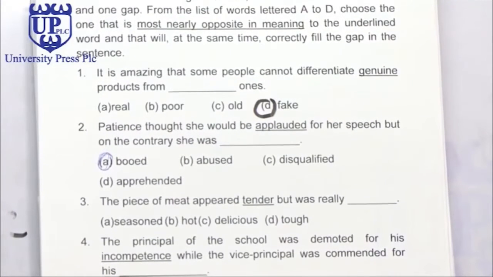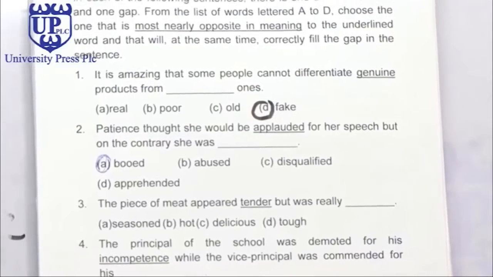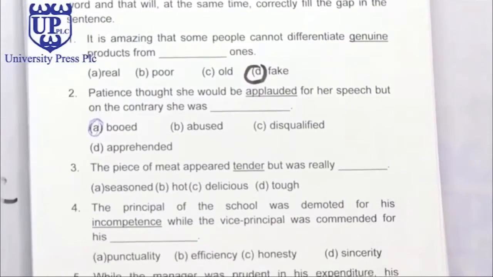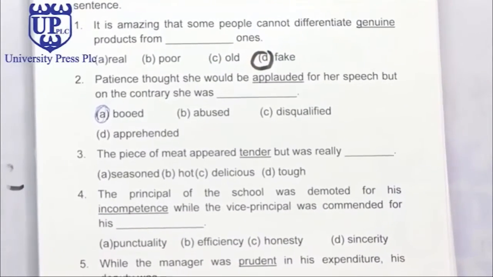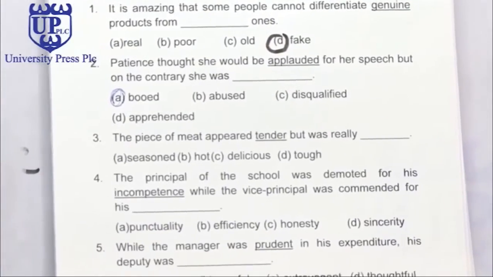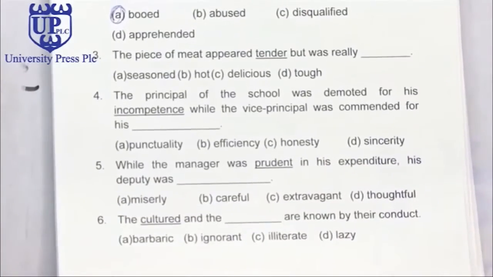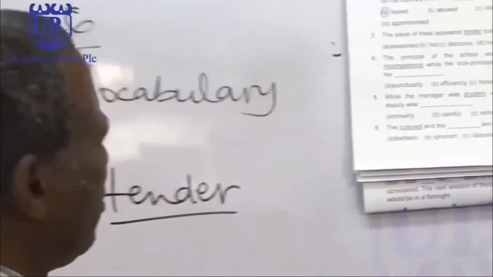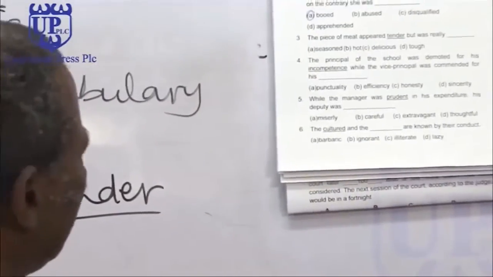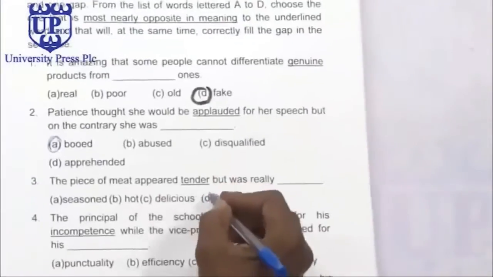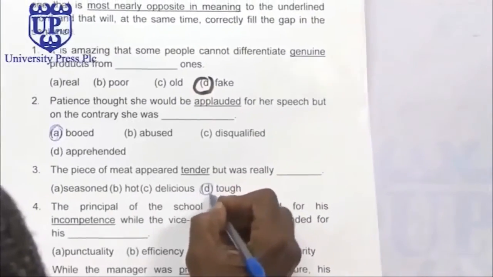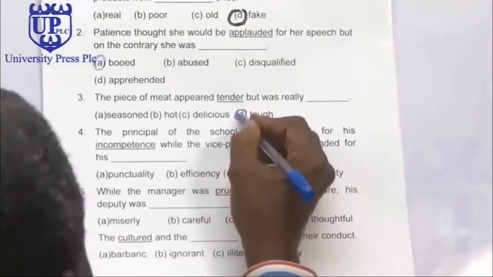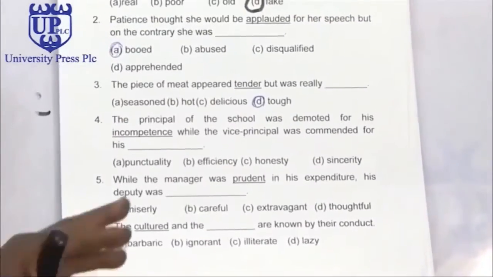Number 3: the piece of meat appeared tender, but was really dash. Look at that word tender there. Tender there means soft, but was really tough. That is the answer: tough. Tender may have another opposite meaning apart from tough.